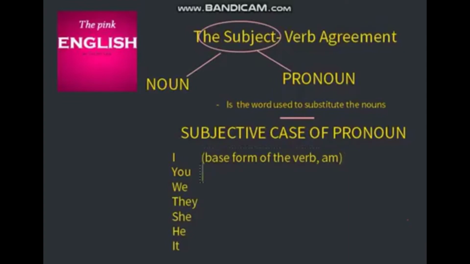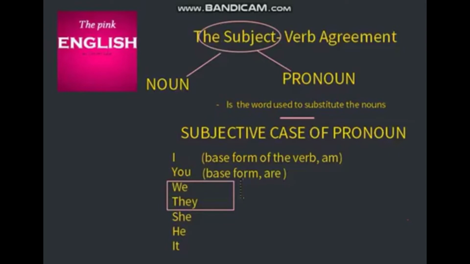The pronoun you also takes the base form of the verb, and is followed by the linking verb or the be verb are. The pronouns we and they are always plural, and so they take the base form of the verb and the linking verb as well as the be verb are.